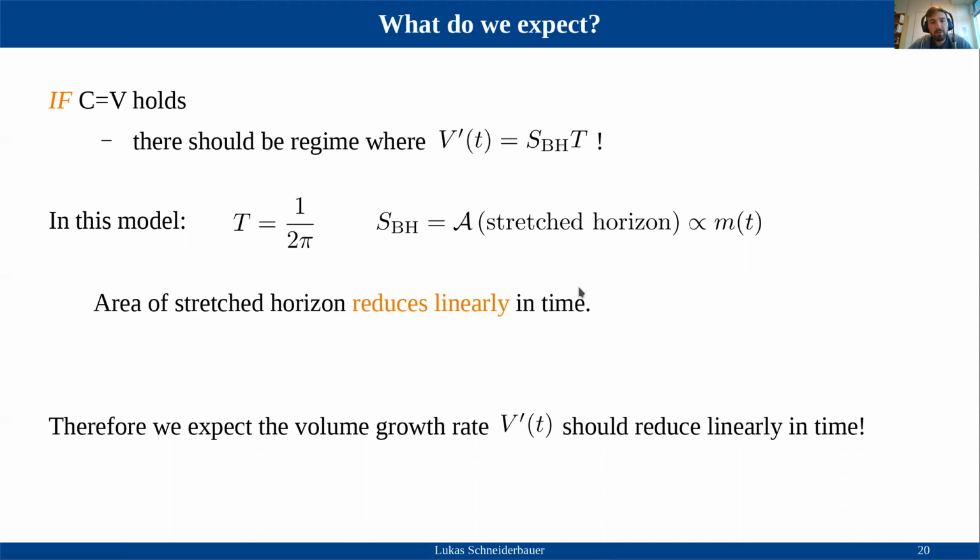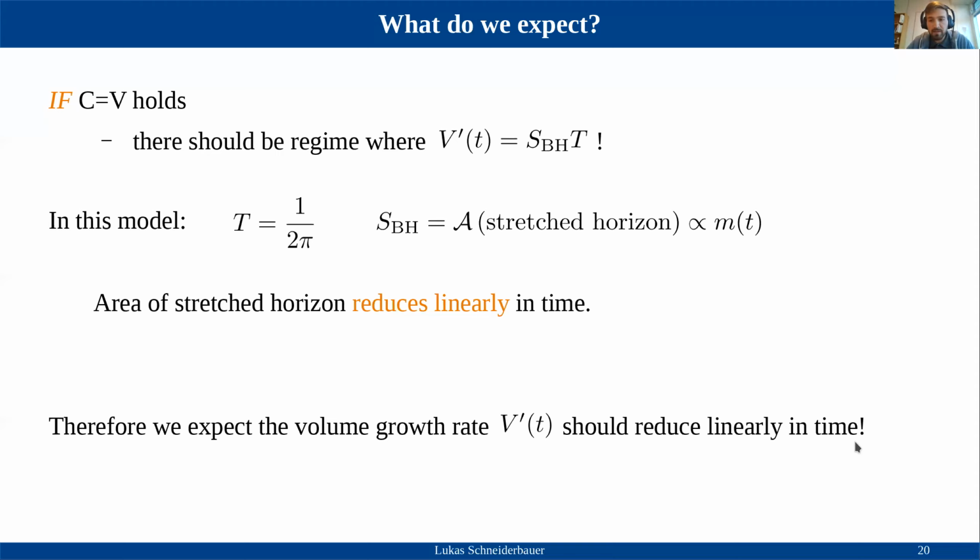So if this were true, since the temperature is constant, we should expect a volume growth rate that reduces linearly in time, at least for some time ranges. Sadly, for the volume calculation in the semi-classical black hole, we didn't manage to do it analytically. So we did some numerics there.